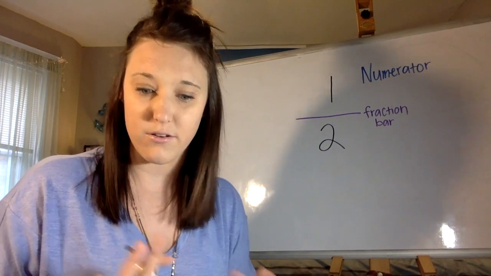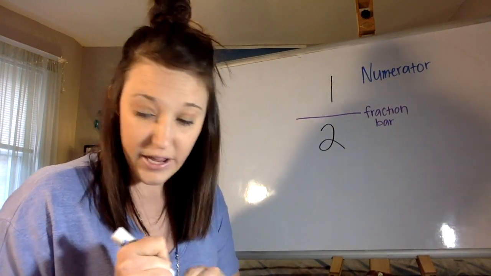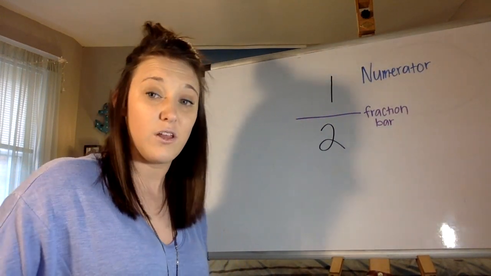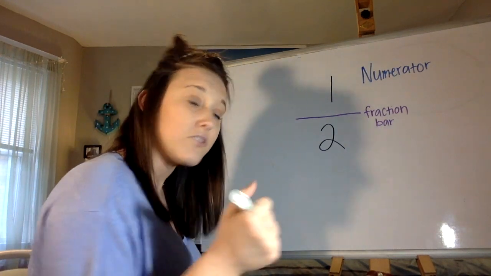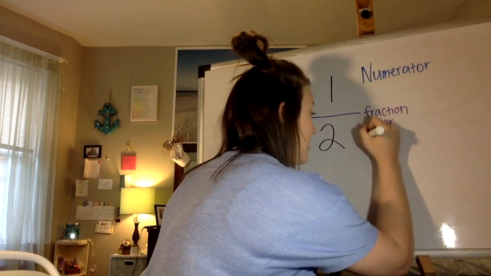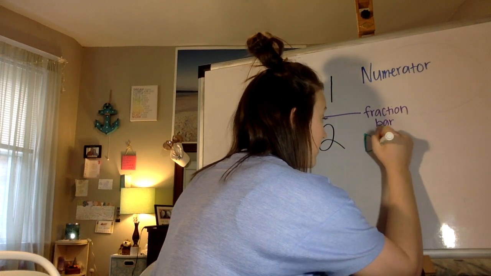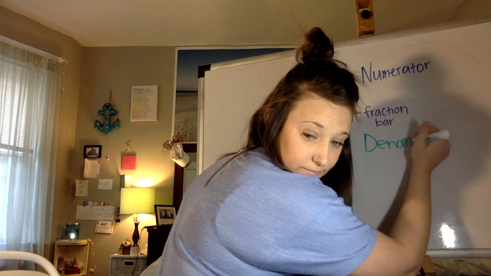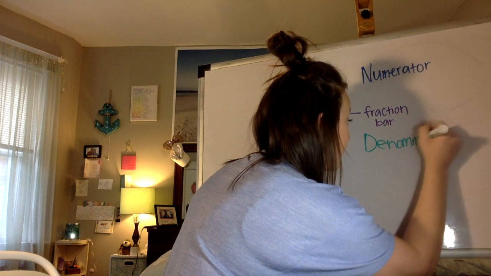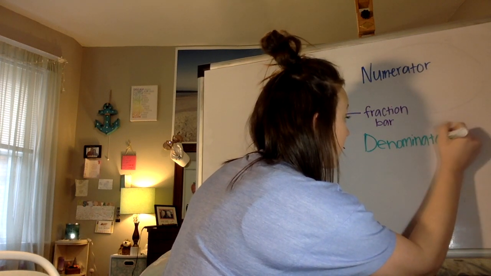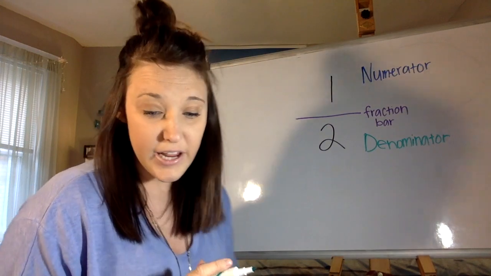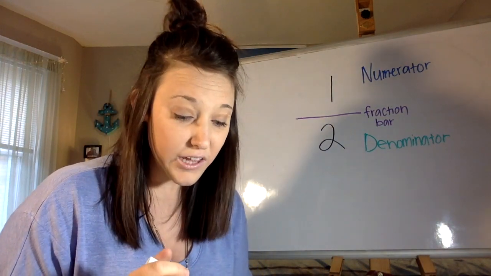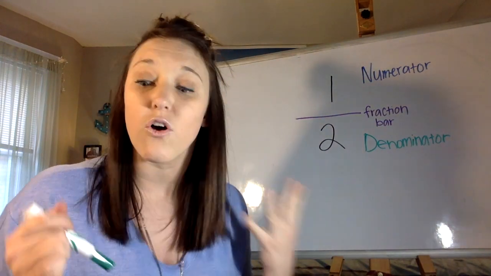Let me keep going. The denominator, which is down below the fraction bar, is telling us how many equal parts are in the whole.